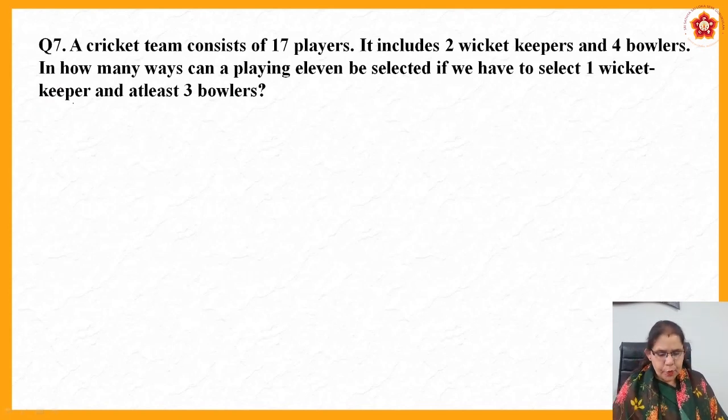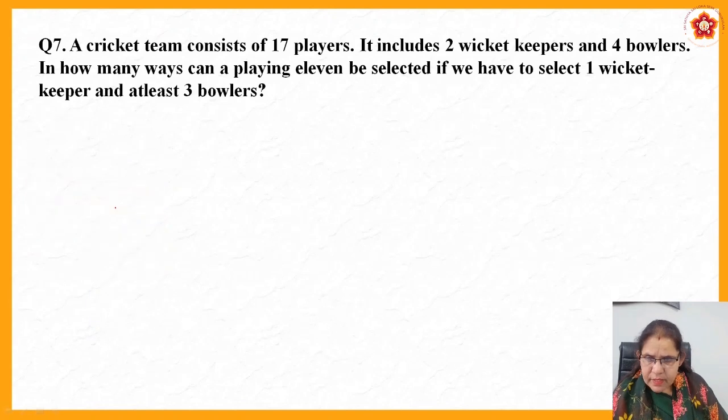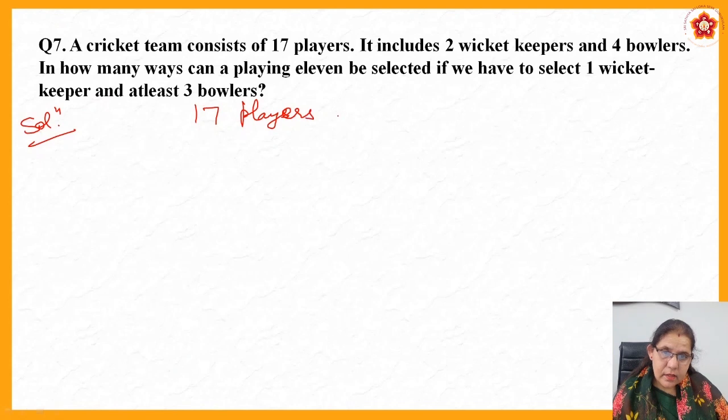Let's move on to the next question. Again, question number 7 is similar to the ones we have done earlier, and we'll try to do it directly now. A cricket team consists of 17 players, and these 17 players include 2 wicket keepers and 4 bowlers.